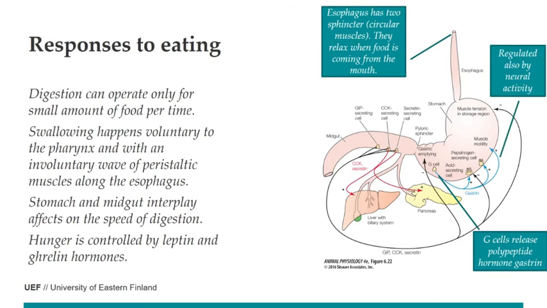And these are also regulated by neural activity. So if we see food or smell food, it can affect the release of pepsin in our stomach, etc.